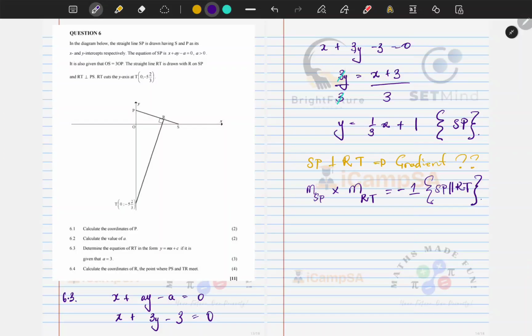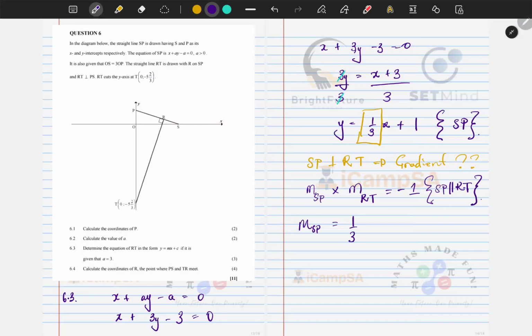So already we have the gradient of SP. So this is the gradient of SP. So M of SP is equal to 1/3.